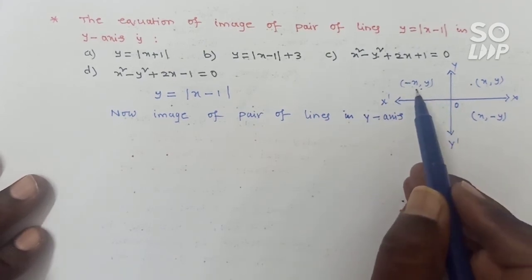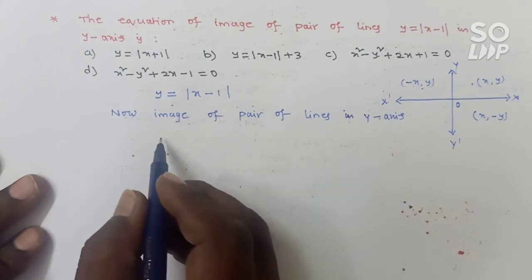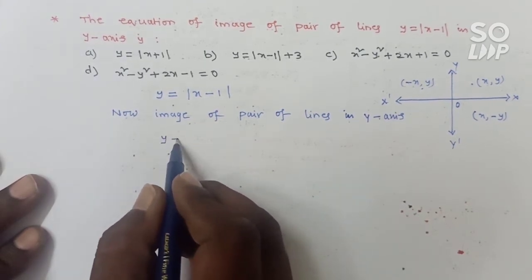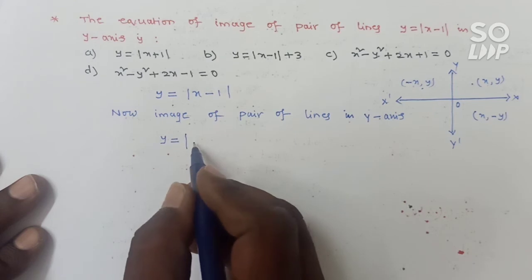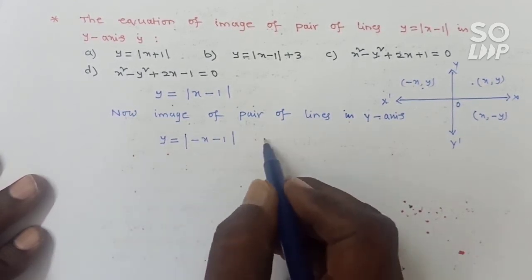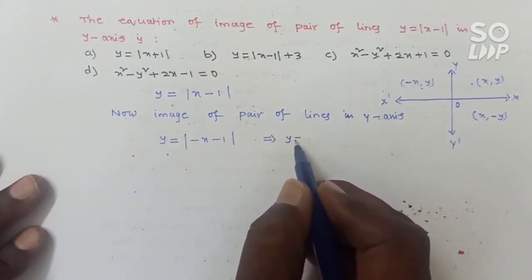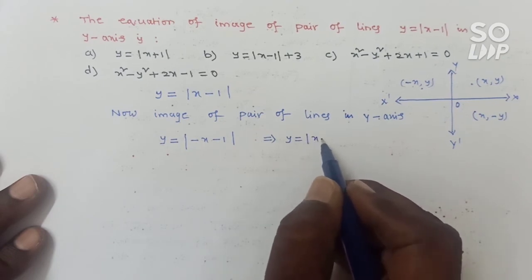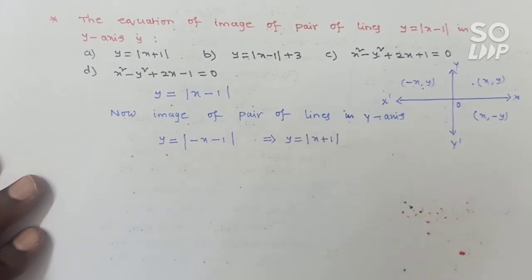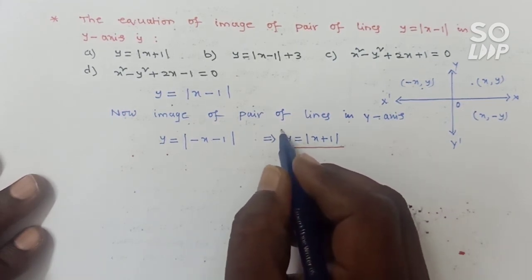That means according to this formula, you have to replace x by minus x in this one. That value will be y is equal to modulus of minus x minus 1. So that implies minus you can take as common. This will be y is equal to modulus of x plus 1. So this is one equation. So you see that in the given options, first option will be the correct answer.